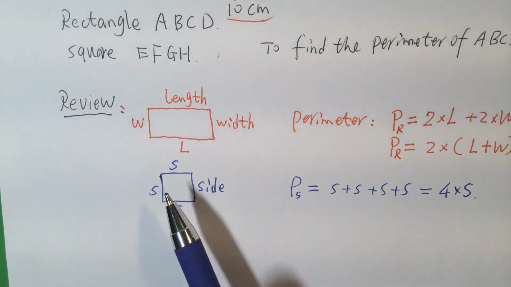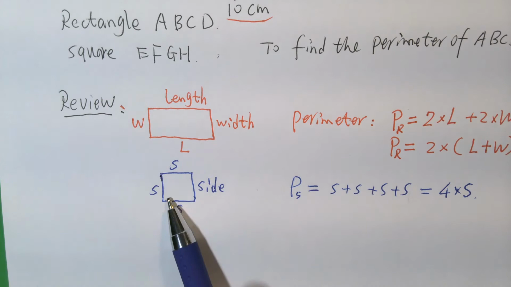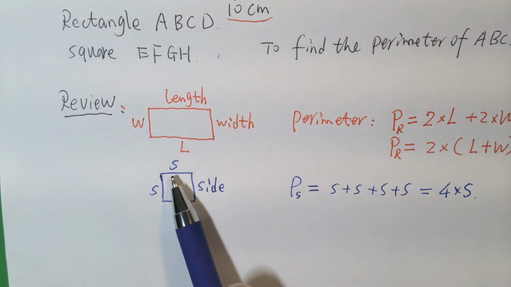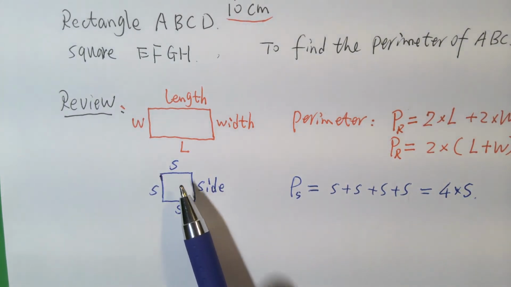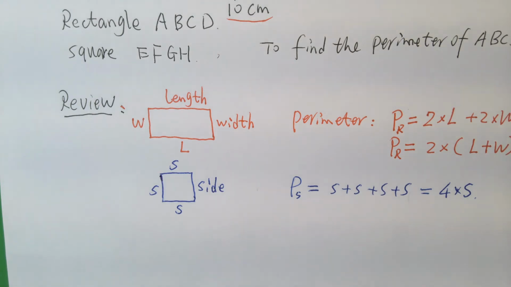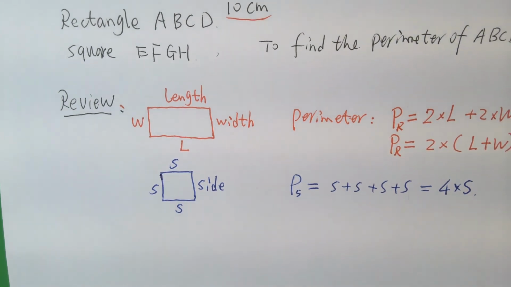I'm going to repeat: for a square, all the 4 sides have the same length. So now let's go back to look at our problem here.